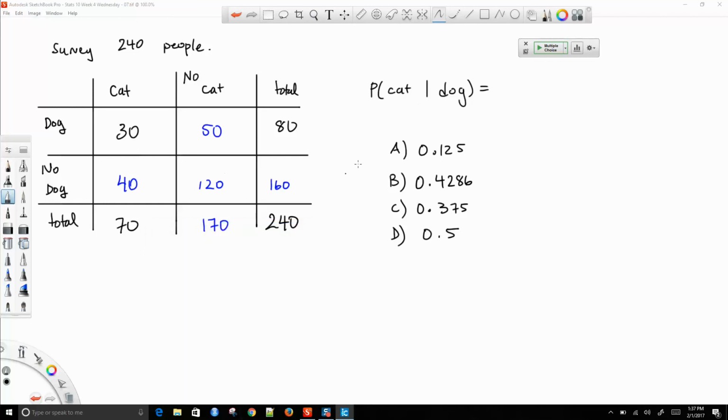Okay, so in this case, the question is, what is the probability of cat given dog? What we're basically saying is if we know, or if it is given, someone has a dog, what is the probability the person has a cat?